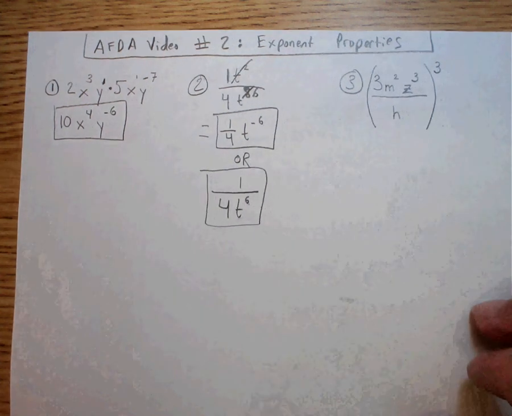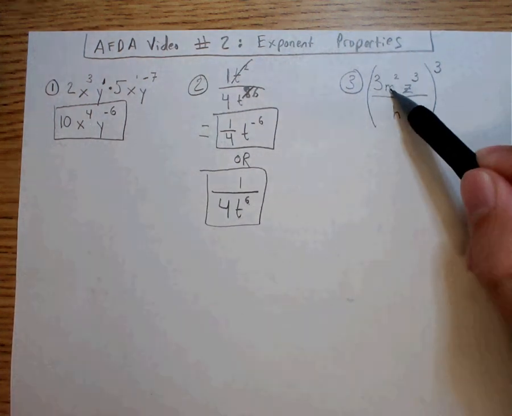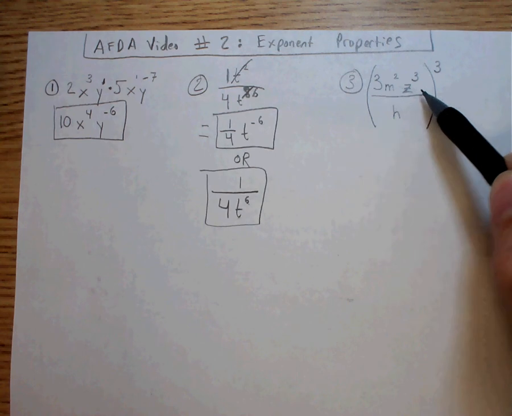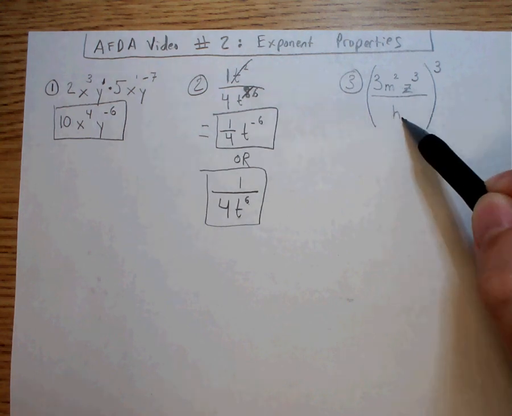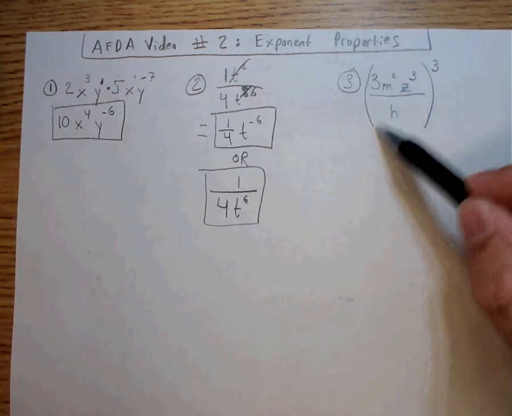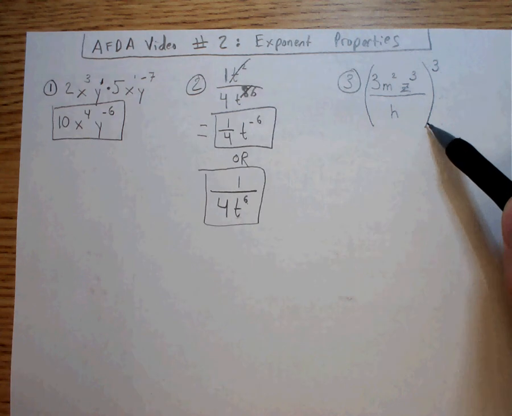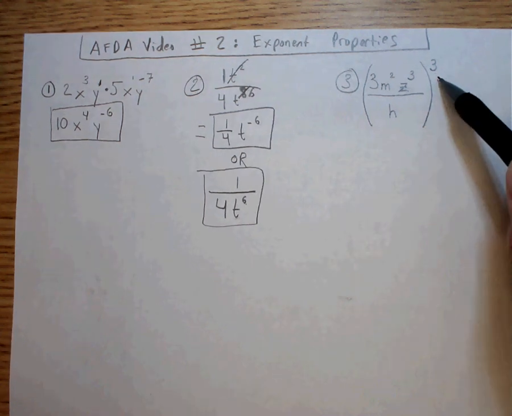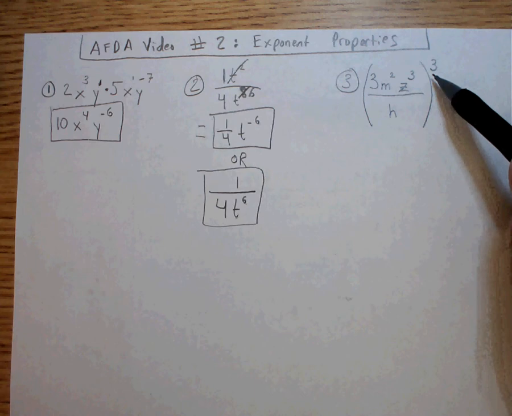Number 3, we have 3m squared z cubed all divided by h, and that entire quantity cubed. This is that second level exponent we talked about.